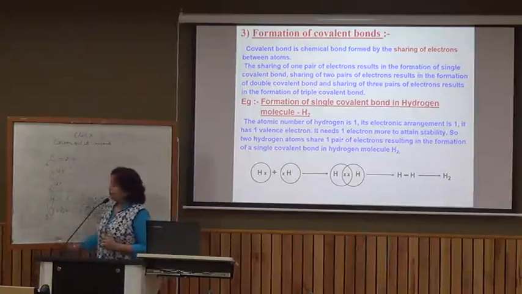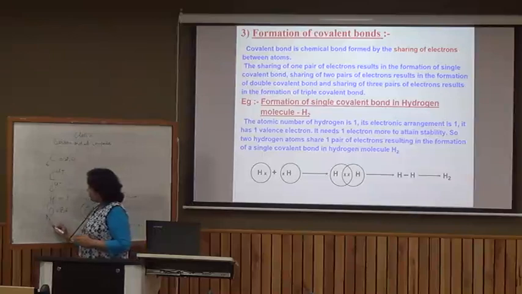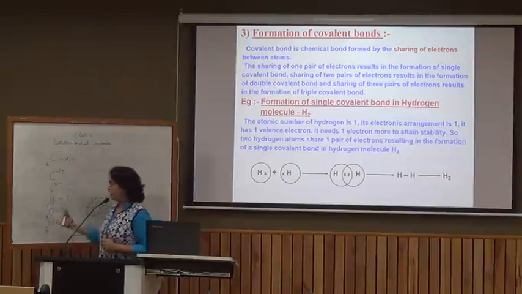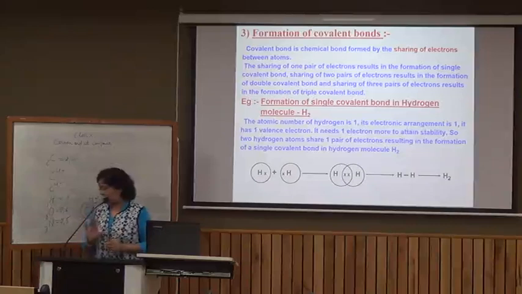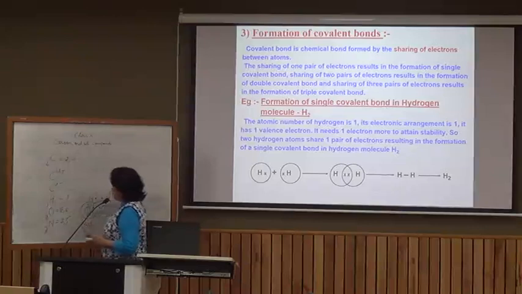Let us take another example of nitrogen. Again nitrogen atom, its atomic number is 7, that is 2, 5. Again it is unstable and it needs 3 electrons to complete its octet. Let us draw its electron dot structure. Again, as it has to share 3 electrons, the 3 electrons I am drawing towards the center, and this is one atom which is unstable.